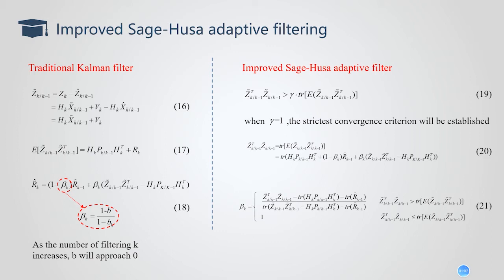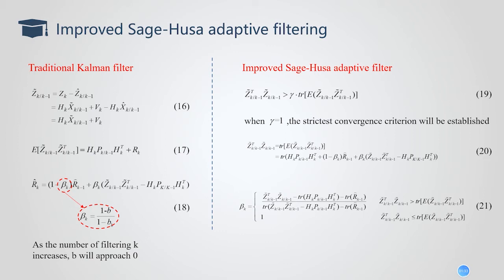According to the prediction residual method, it is possible to judge whether the filtering is divergent. If the filtering is normal, the general filtering is performed. If filtering divergence is detected, the optimal value is calculated in real time to prevent the divergence of the filtering.